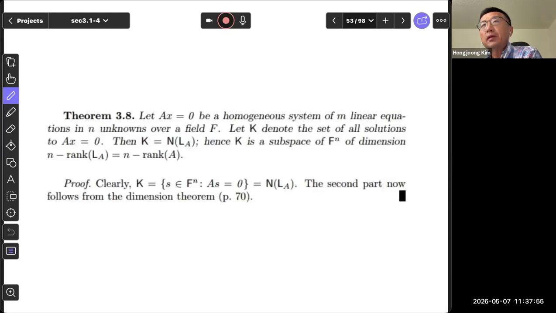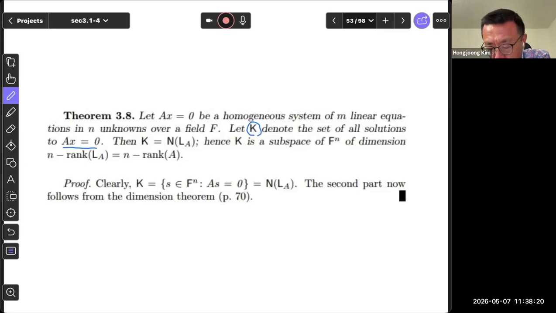Now, let Ax equals 0 be a homogeneous system of m linear equations in n unknowns over a certain field F, and let K denote the set of all solutions to the homogeneous problem.